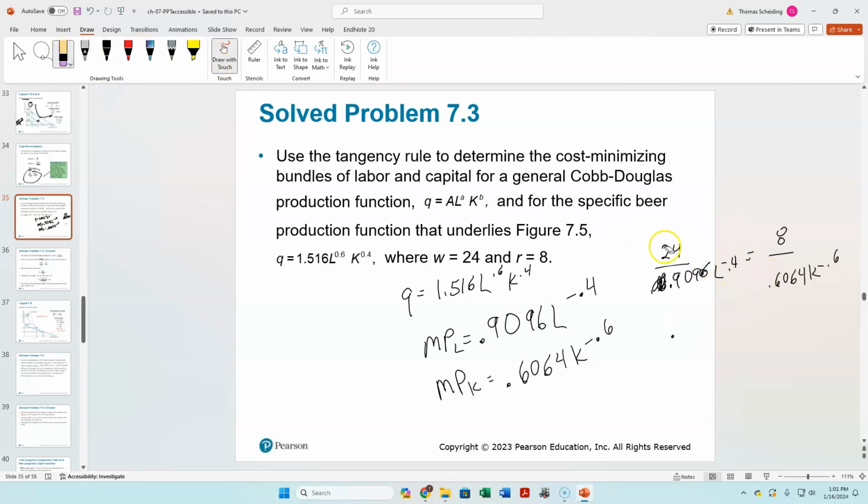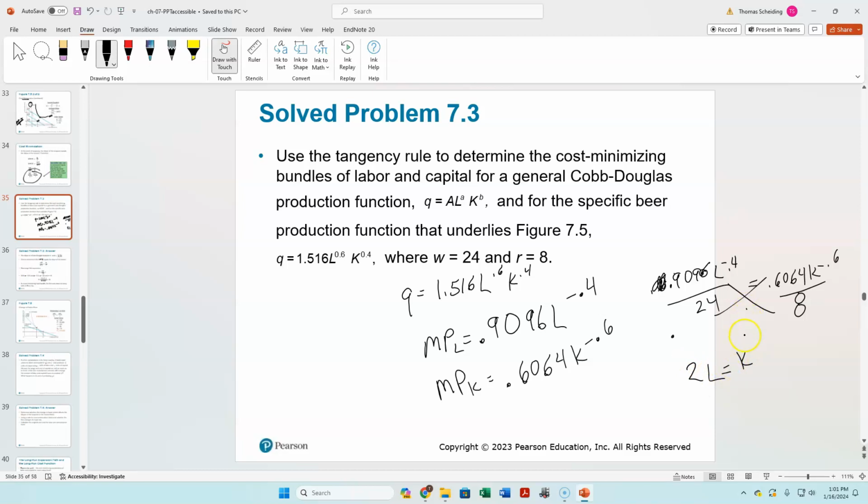One second here. Sorry, I was going so quickly that I made a mistake there. Now again, I would cross multiply here. And once you do that, you should get 2L equals K.